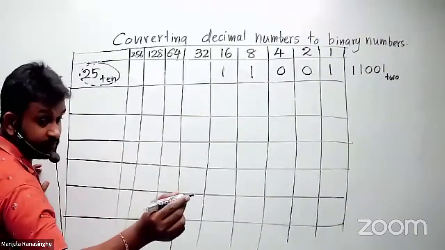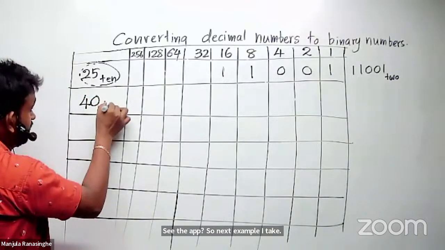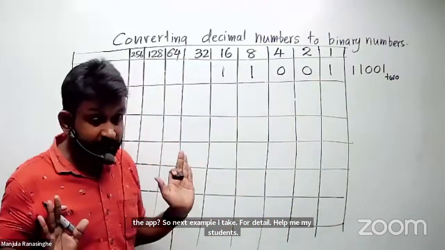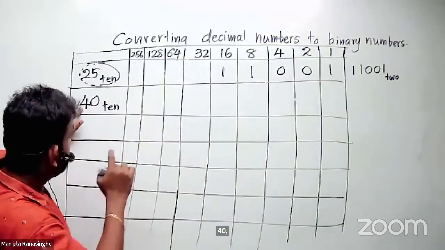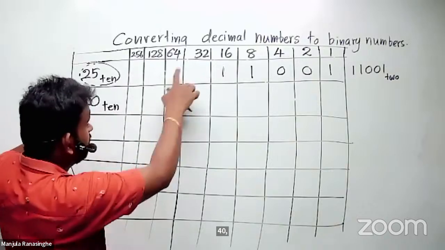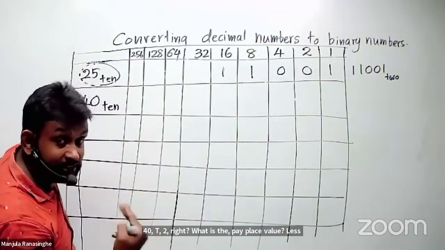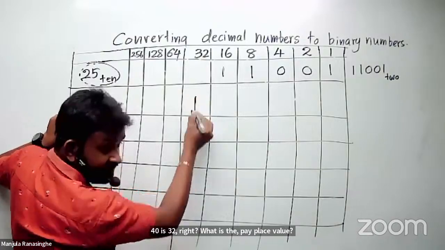See there. Next example I take 40 in base 10. Help me, my students. Now we see how to convert 40 to binary. The place value less than 40 is 32, since 64 is more than 40. We put 1 for 32.